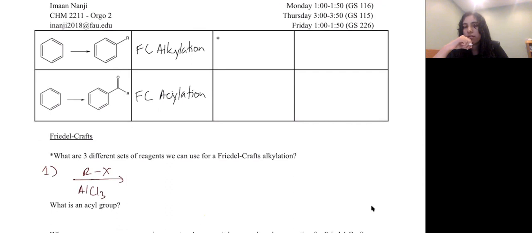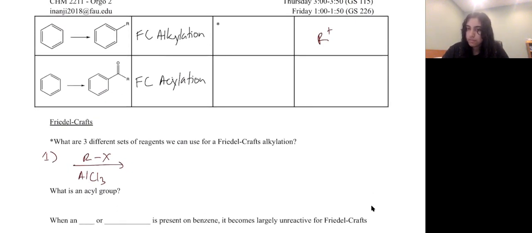The whole point of the reagents you use for Friedel-Crafts alkylation is to create a carbocation. So the electrophilic species is an R plus carbocation. And then there's 3 methods you can take to get that. The first one is the RX over AlCl3.